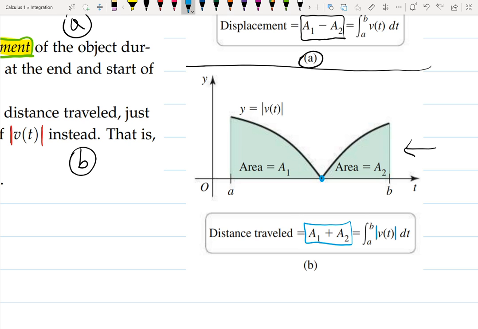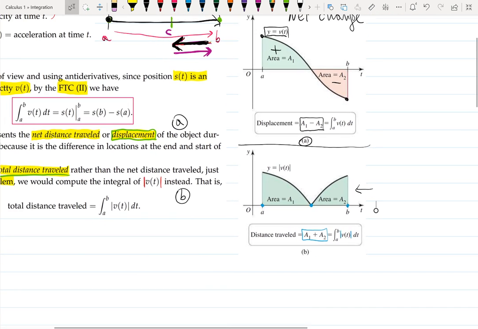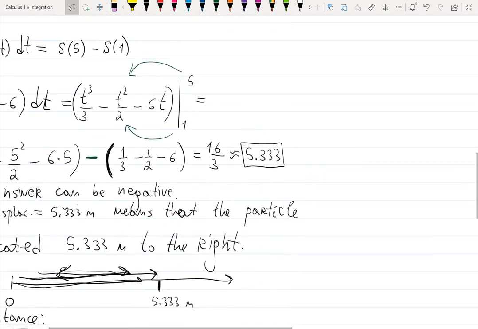If the side used to be positive originally, absolute value will not change anything. But in our case, this piece is negative, and absolute value of the negative makes it positive. Then we're going to add positive numbers.